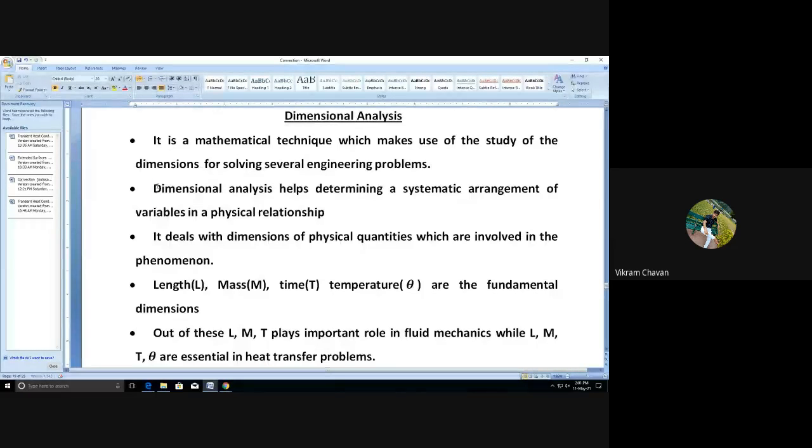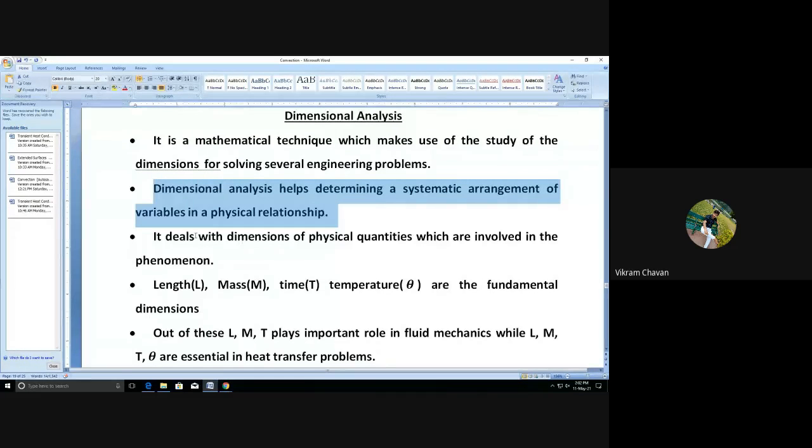The next one: dimensional analysis helps determine a systematic arrangement of variables in a physical relationship or in a physical phenomenon.